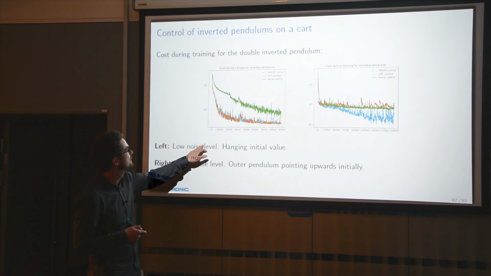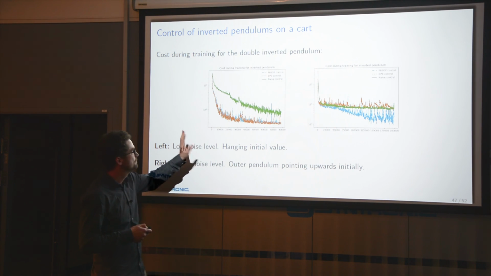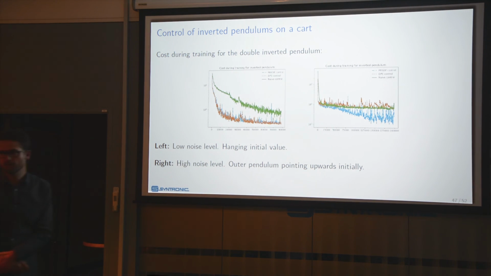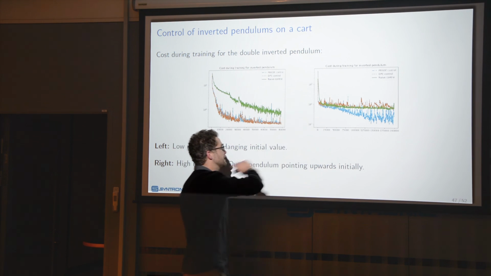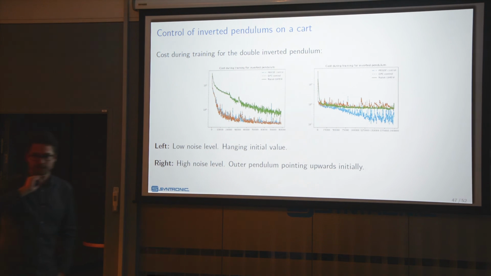So the first one with the low noise, the naive controller is not impressing. The other 2 are comparable, but it would be more satisfactory to continue this until it is stabilized completely. But these plots took a lot of time to generate. So I guess we'll write a paper about this, and then we will have plots which are fully satisfactory.